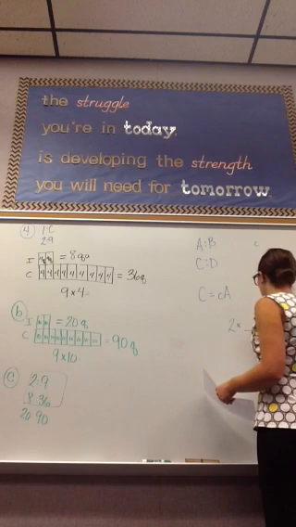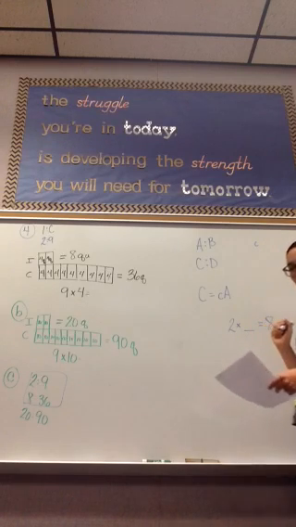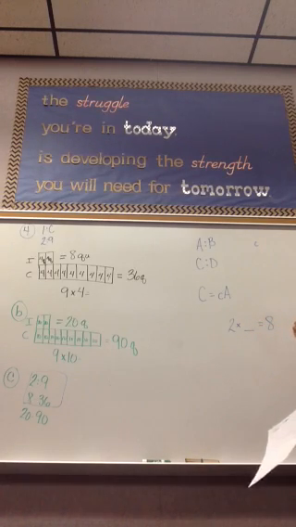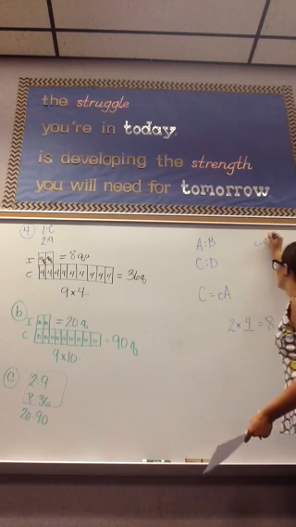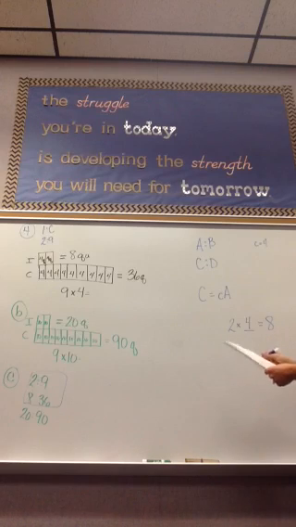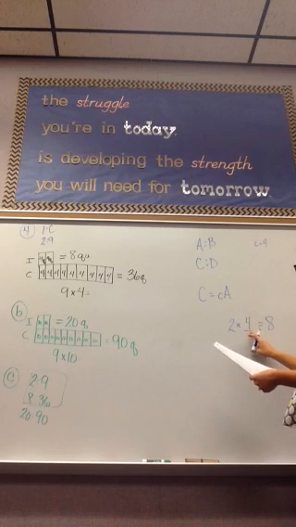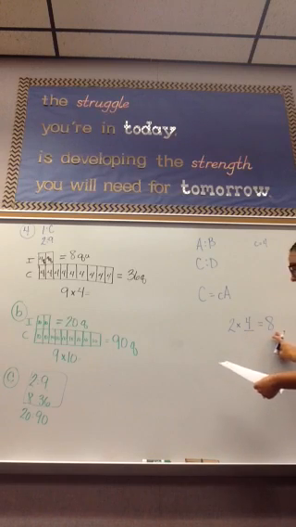So 2 times what number equals 8? 4. So this little c is equal to 4. So 2 times 4, A times c equals capital C.